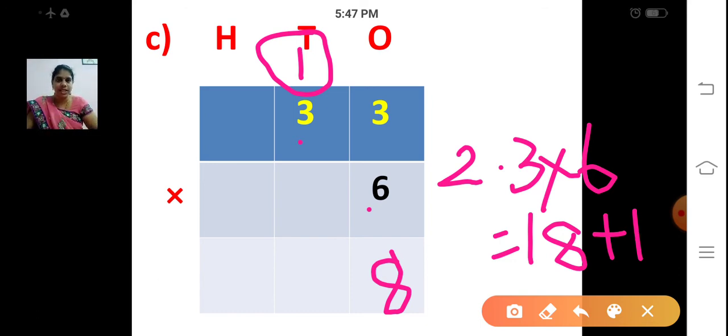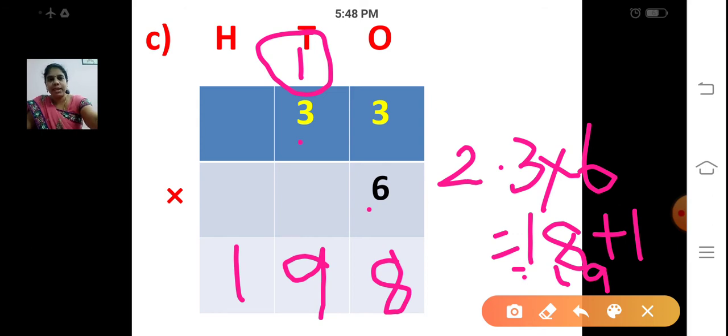Is there any hundreds place? No. So we can write that all together, because we don't have any other number to multiply. So the answer is 198. Clear?